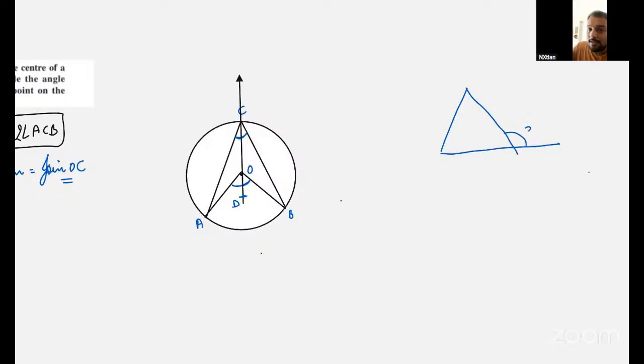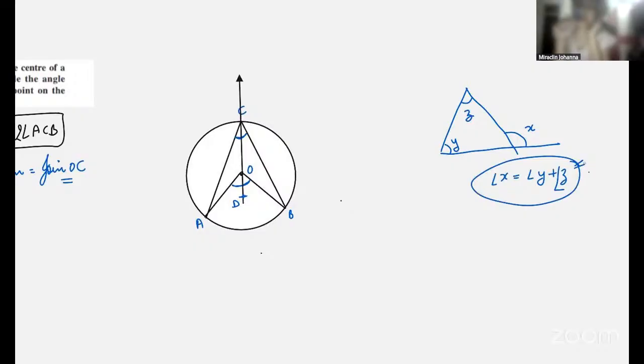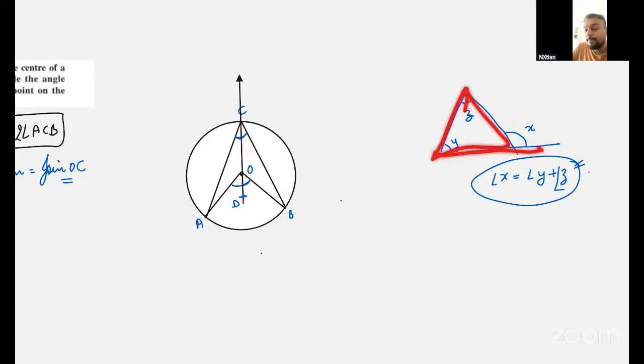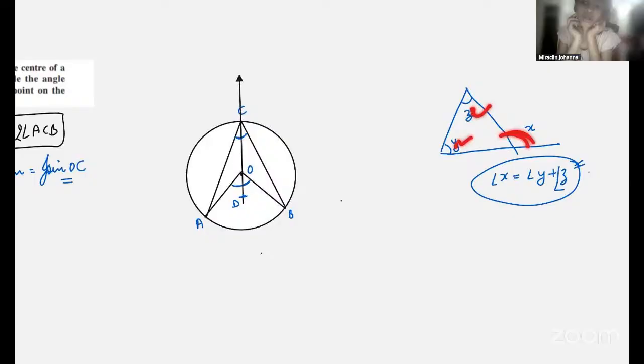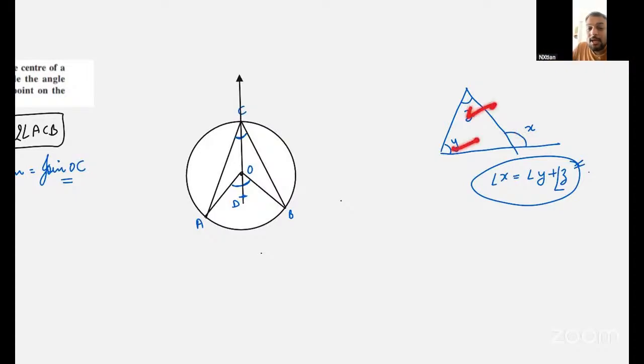The property is called the exterior angle property, which says that the exterior angle is equal to the sum of the two interior angles opposite to it, like angle X equals angle Y plus angle Z. In a triangle, the exterior angle is equal to the sum of the two interior angles opposite to it, like Y and Z, not this one.